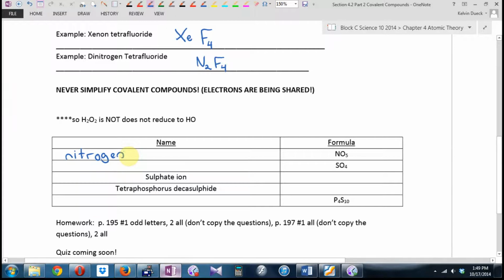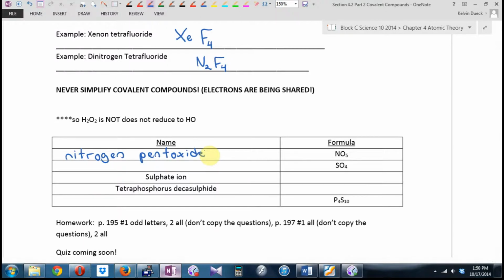What's the prefix for oxygen in a covalent, for 5 in a covalent? It's going to be nitrogen pentoxide. Technically, it should be pentaoxide, but often if there's 2 vowels, they drop the last letter and just go with the compound. If you write pentaoxide, I won't take marks off, but it's pentoxide.